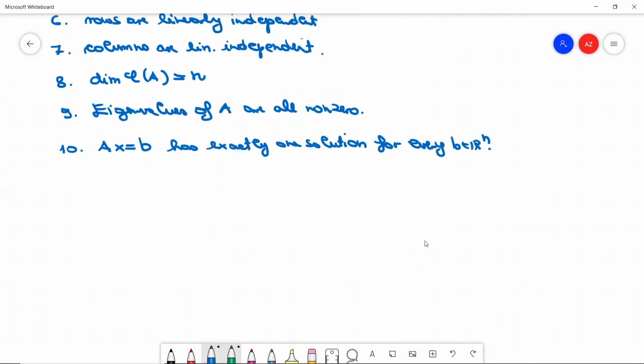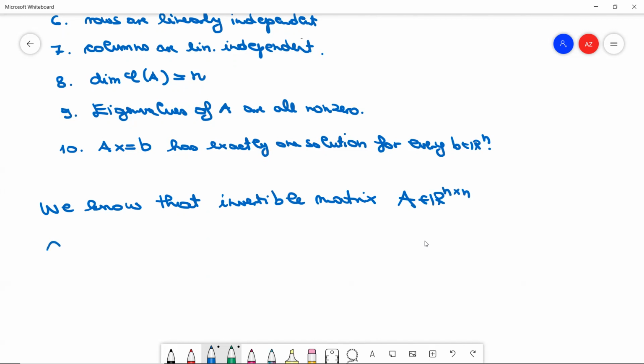So we know that an invertible matrix A satisfies A times A to the power of -1, so A inverse, is equal to A inverse A equals to identity. And we would like to somehow generalize this to non-invertible matrices and also to non-square matrices.